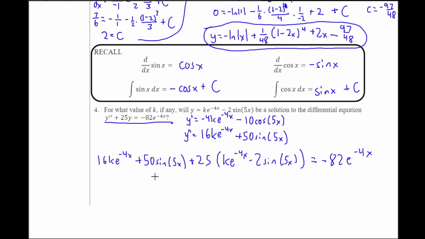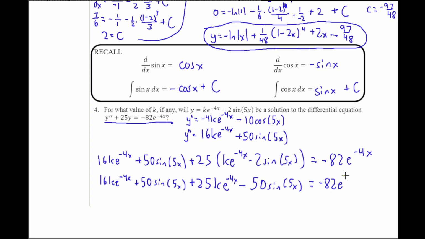So let's get rid of the parentheses first. 16k e to the negative 4x plus 50 sine of 5x. You have to multiply 25 by everything inside the parentheses, so that's plus 25k e to the negative 4x minus 50 sine of 5x equals negative 82 e to the negative 4x.